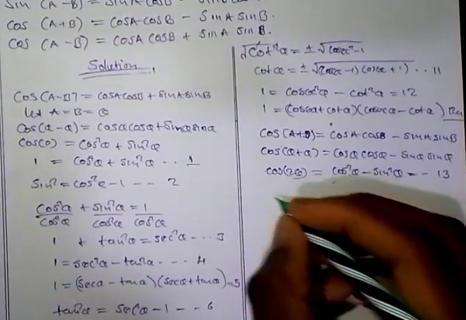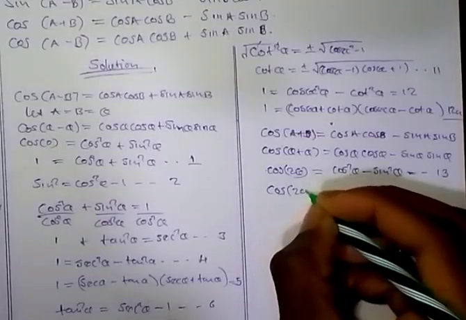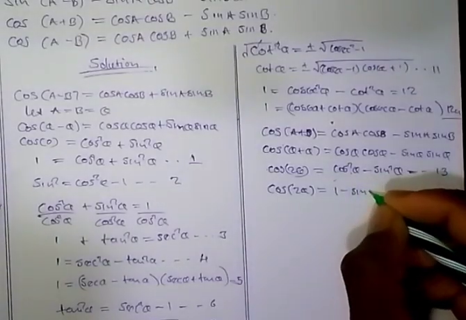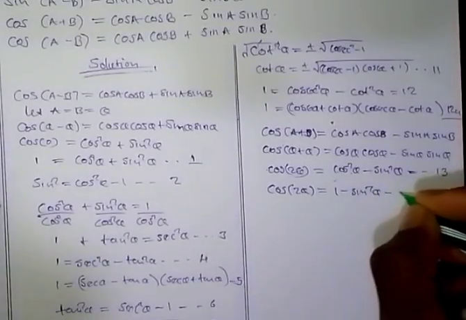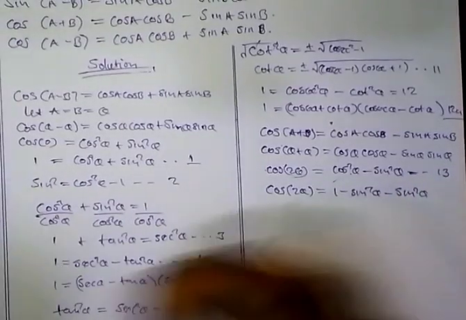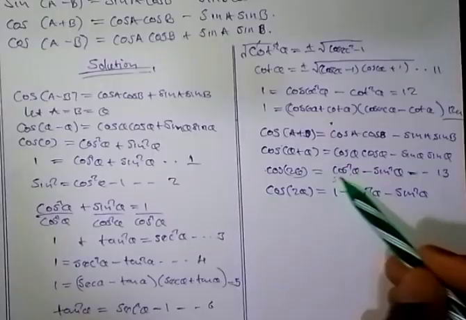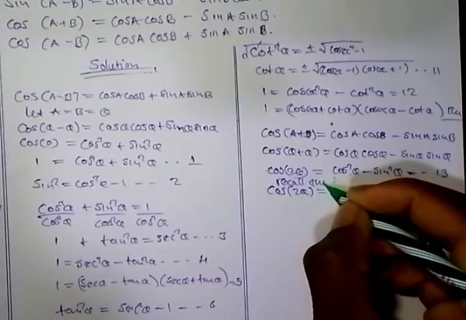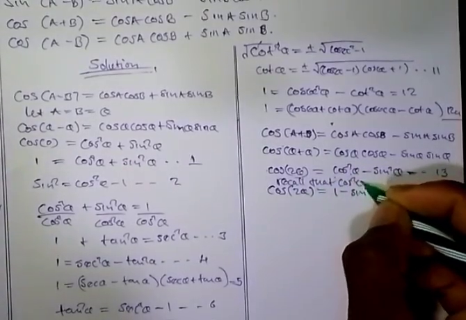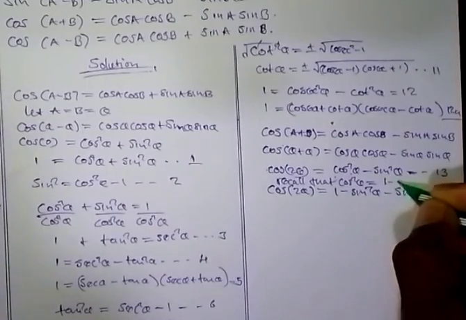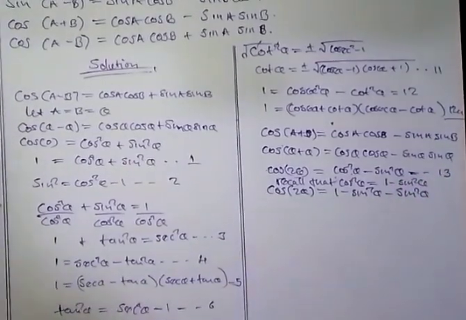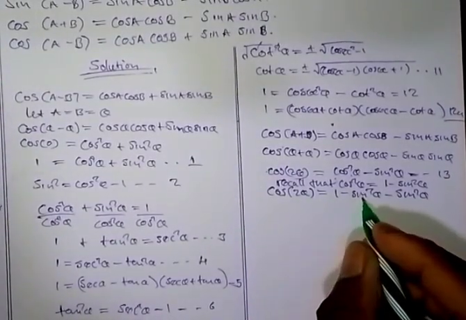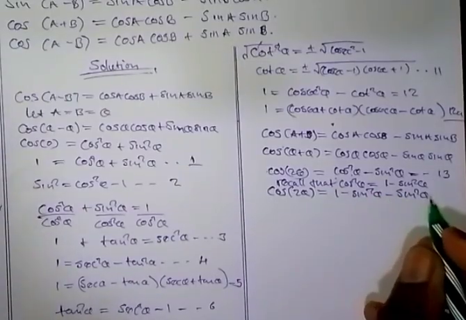So we're going to say cos 2 theta is equal to 1 minus sin square theta minus sin square theta. Recall that cos square theta is equal to 1 minus sin square theta.